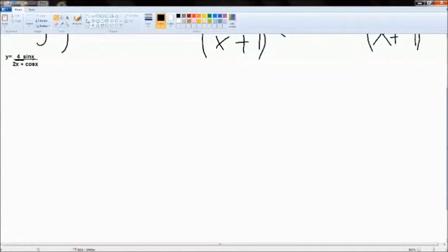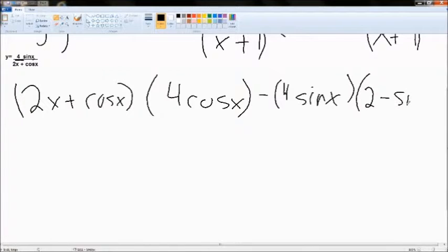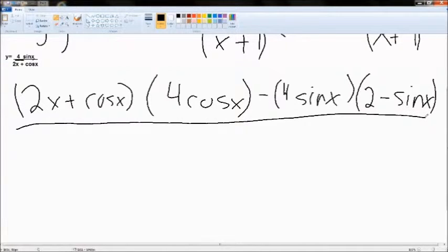So low d high is 2x plus cosine x times 4 cosine x, minus 4 sine x times 2 minus sine x, all over 2x plus cosine x squared.